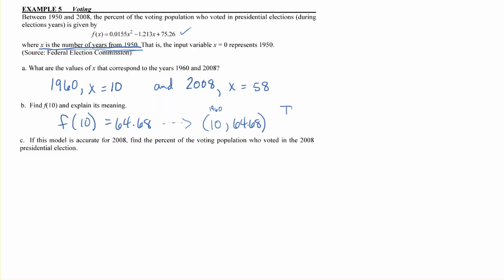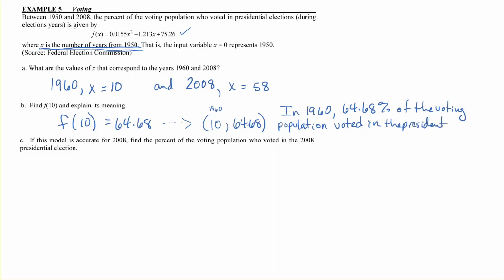So it means in 1960, 64.68% of the voting population voted in the presidential election.